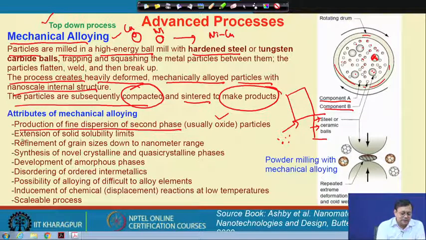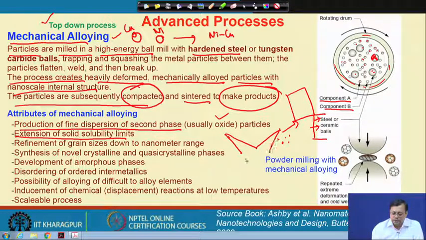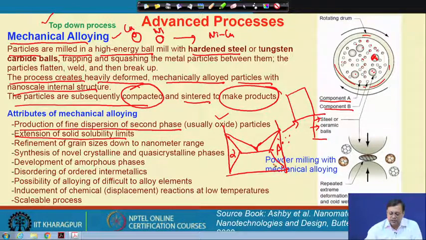On the other hand, we can also get extension of the solid solubility. What I am talking about is, if I take a simple binary phase diagram, here this is alpha and this is beta. In that case the maximum solid solubility of B in A is from here up to here.